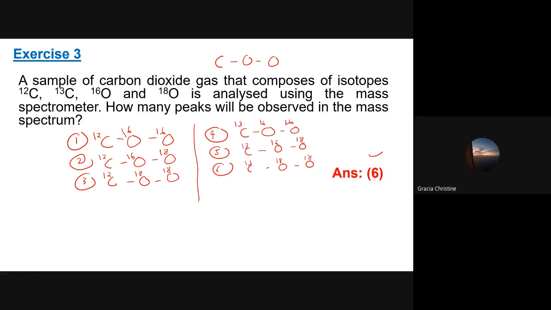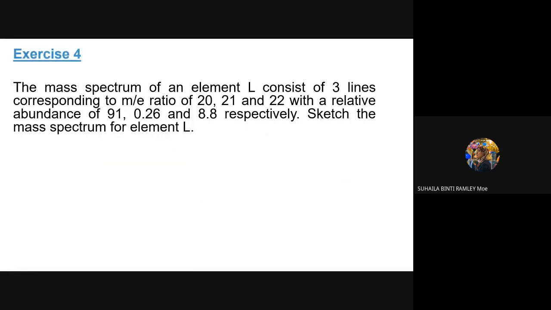Exercise 4, sketch the mass spectrum. This one is also simple, 3 lines. We have 3 isotopes, 20, 21, 22, and each is given the relative abundance.